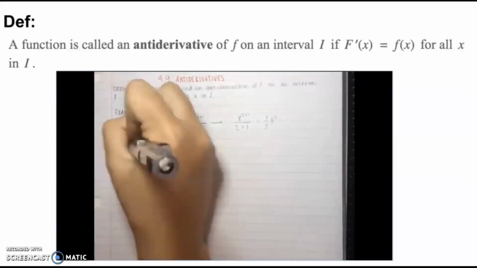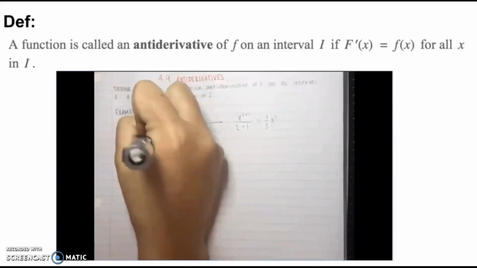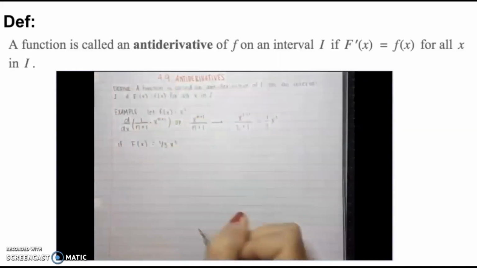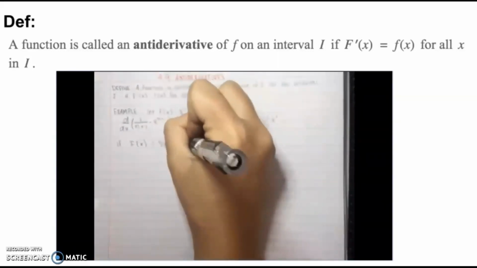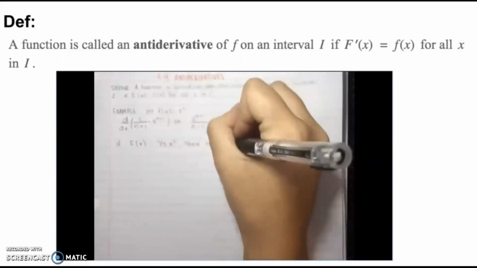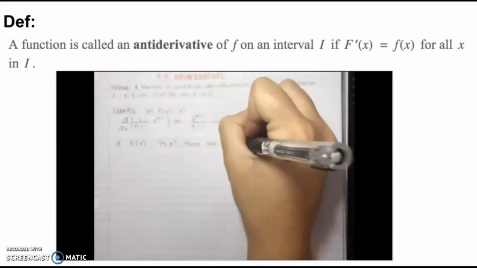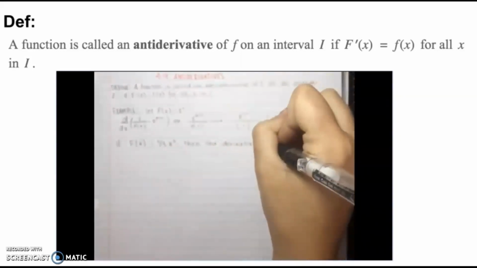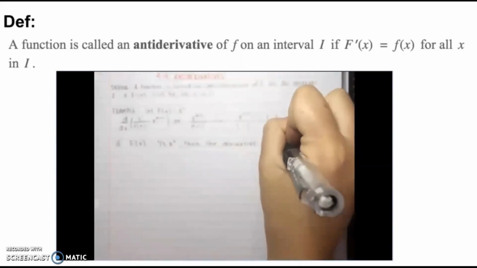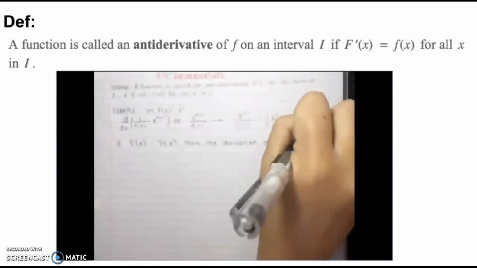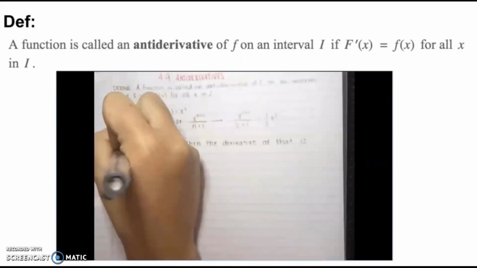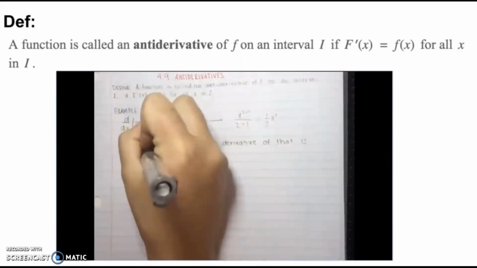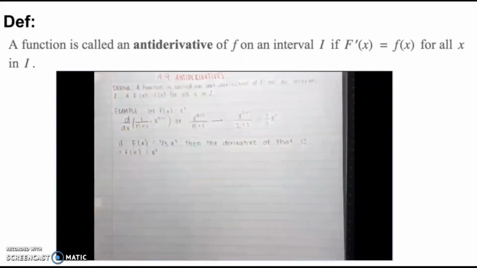So if capital F of x equals 1/3 x cubed, then the derivative of that is equal to f of x, and f of x is equal to x squared.